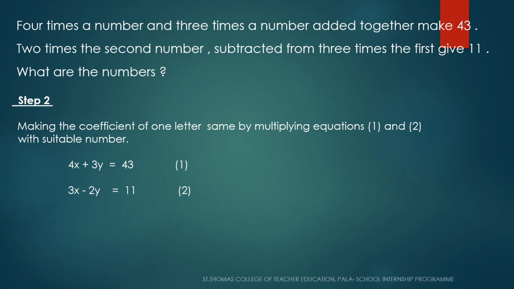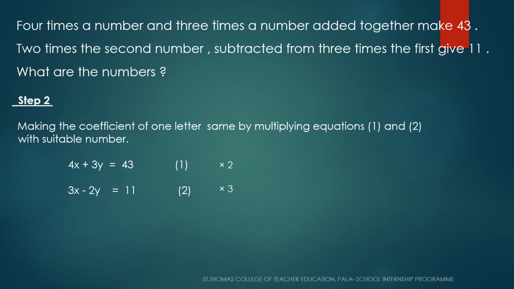Okay, this 3 can be changed to 6, isn't it? And this 2 can be changed to 6, isn't it? So, to change the equation 1 into 6, what do you have to do? Yes, multiply the equation with 2. And what about equation 2? Multiply with 3, isn't it?